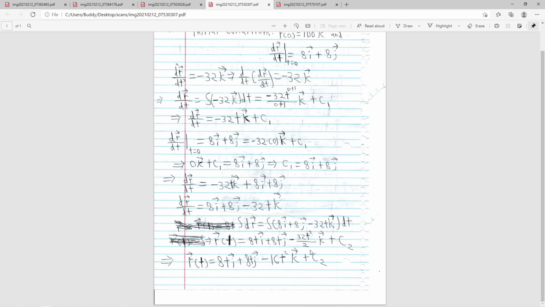Technically t squared over 2, so it's negative 32 t squared divided by 2k plus another, different constant c3. Simplified down it's negative 16 t squared k and everything else the same, because negative 32 divided by 2 is negative 16.